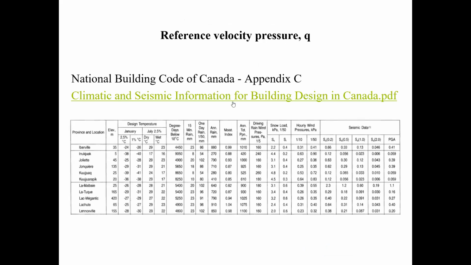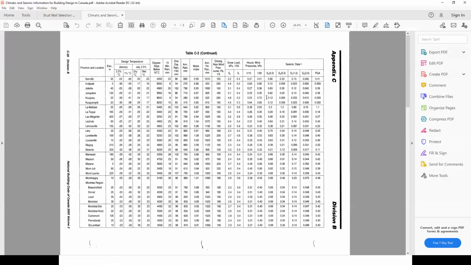Now, where do we find the value of Q? The same place we find everything else: Appendix C of the National Building Code. In Appendix C, we have all the provinces across Canada, starting from British Columbia going all the way to Newfoundland, and then all the cities in alphabetical order.